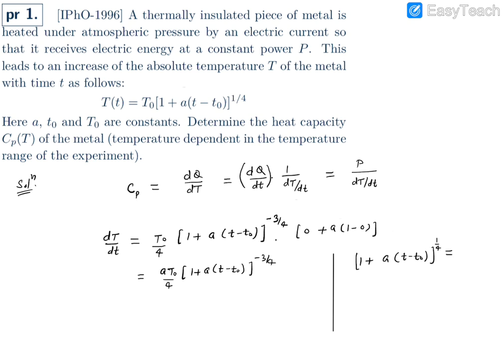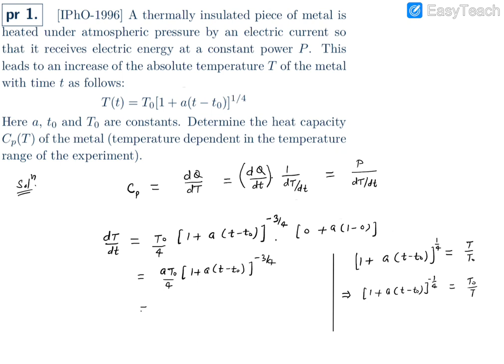This value turns out to be T divided by T naught. So इसको माइनस पावर कर देंगे तो ये अपसाइड डाउन हो जाएगा, right. So this could be written as 1 plus a(t minus t naught) whole raised to power minus 1 by 4 is equal to T naught by T. ये पावर 3 by 4 है with a minus sign, so इसका क्यूब करेंगे then we will find कि इसका वैल्यू अपने को मिल जाएगा.